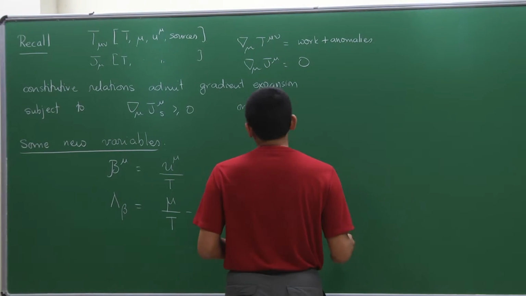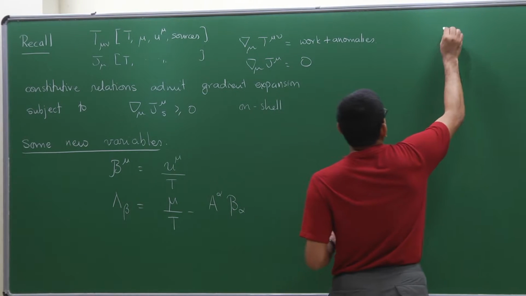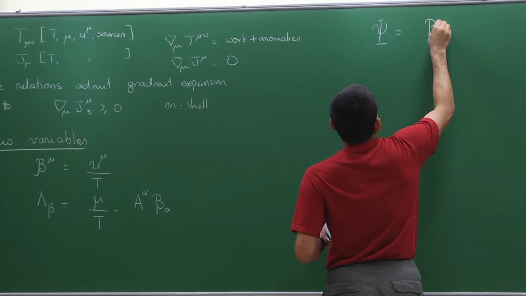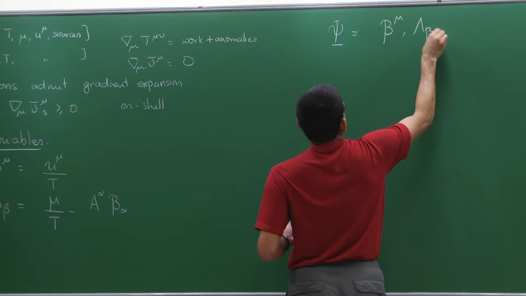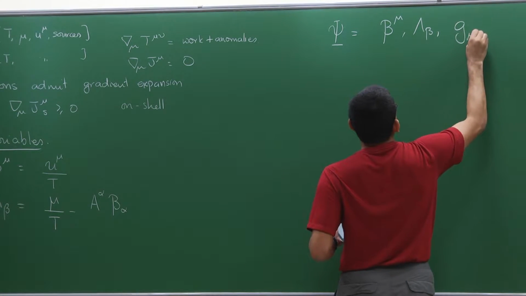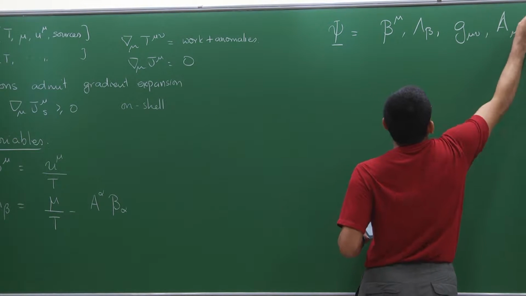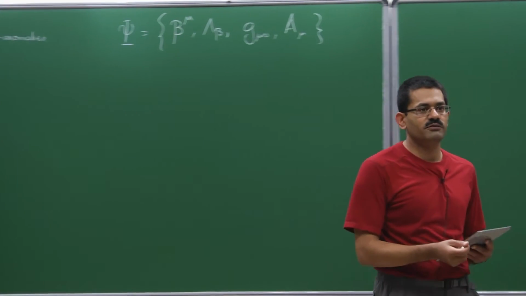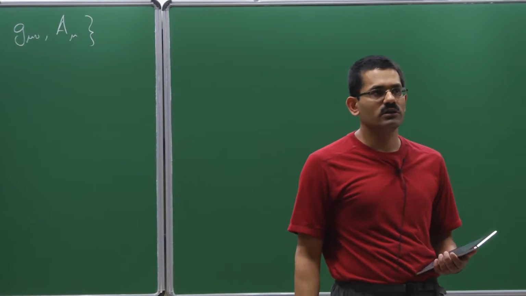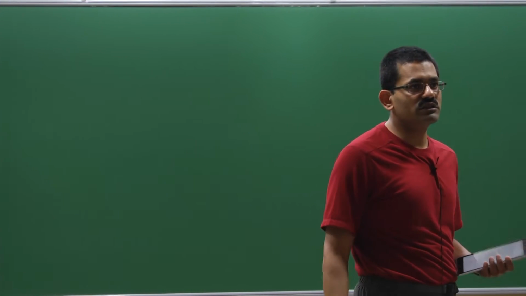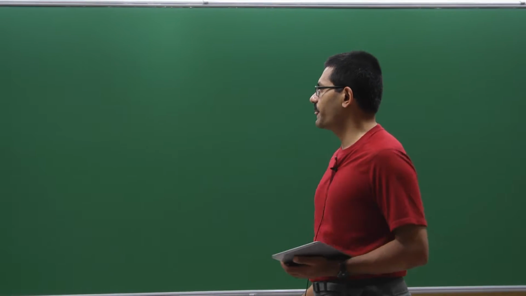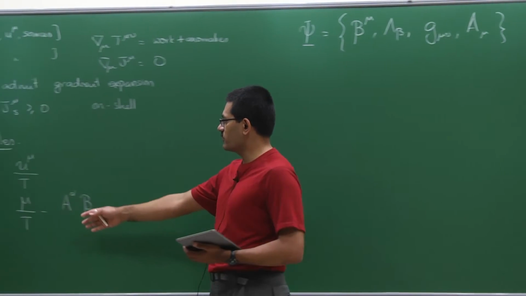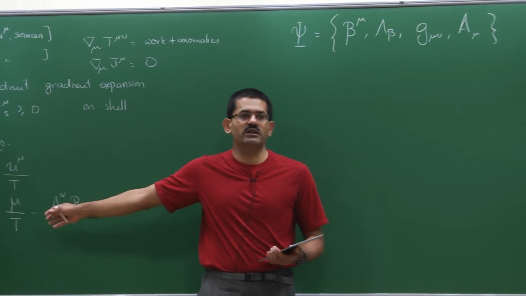All right, and then if I get lazy, I'll use another symbol to write down everything. The collection of all the fields for a charged fluid with one conserved charge, and I'm being reasonably agnostic whether this chemical potential corresponds to an abelian charge or a non-abelian current.